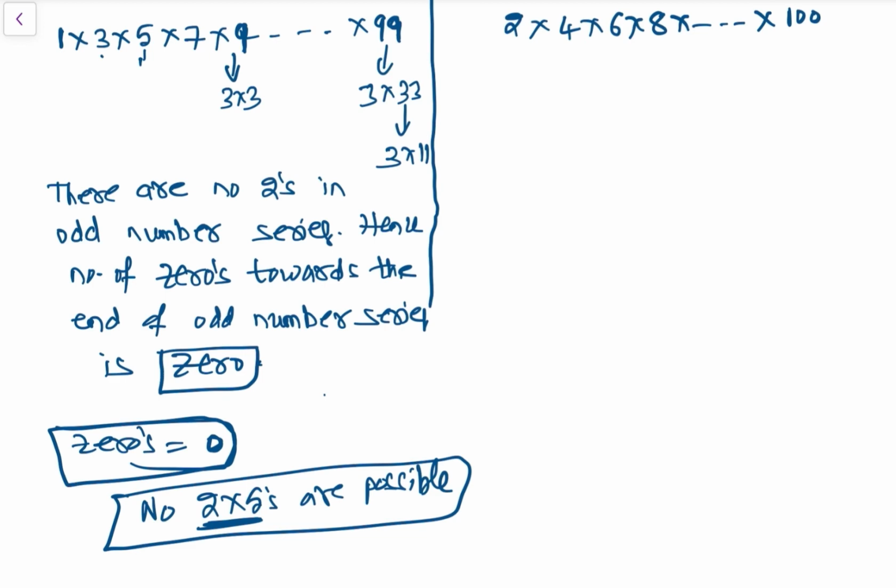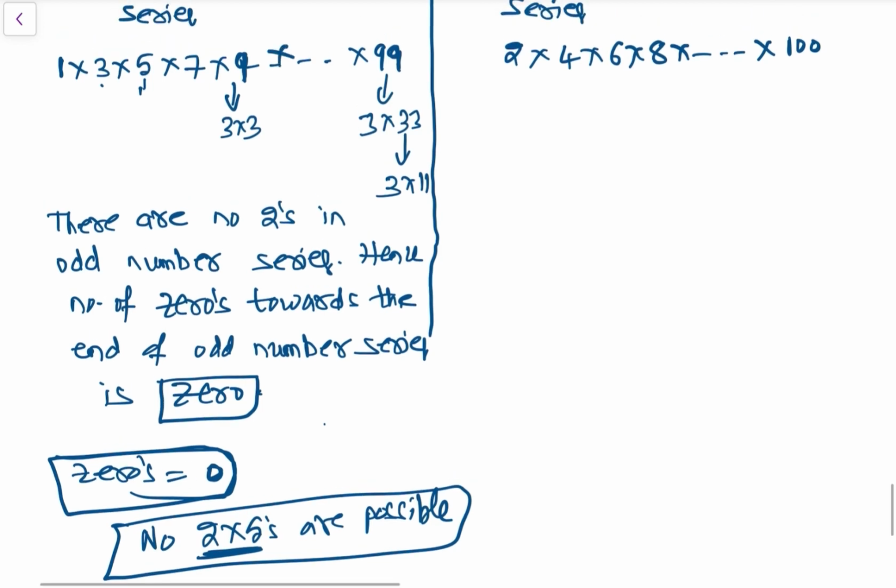But 5s पॉसिबल है, 5s, जैसे 15 is an odd number which can be written as 5 into 3. 5s are there but 2 into 5s are not there, so 2s are not there, so without 2s there cannot be 2 into 5s, ठीक है.